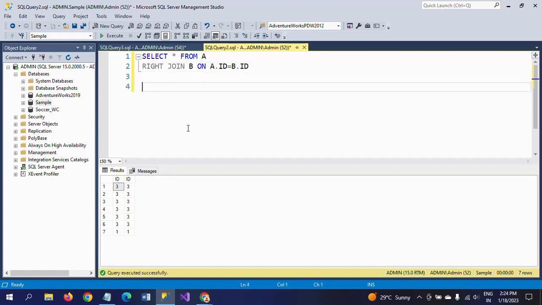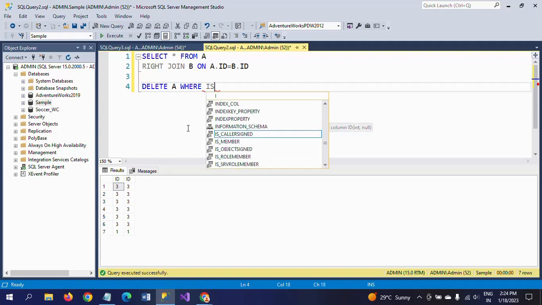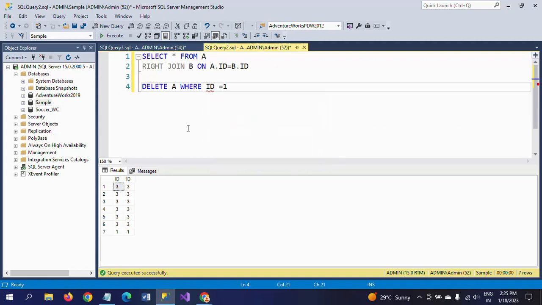Now I'm deleting the value of 1 from one table. We will see what will happen. Delete from A where id is equal to 1.